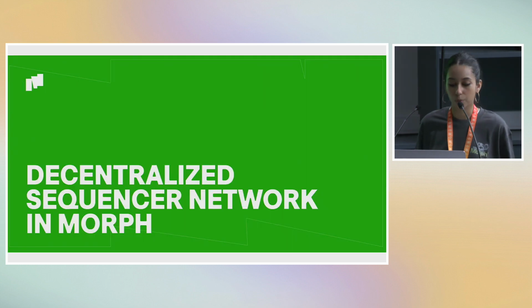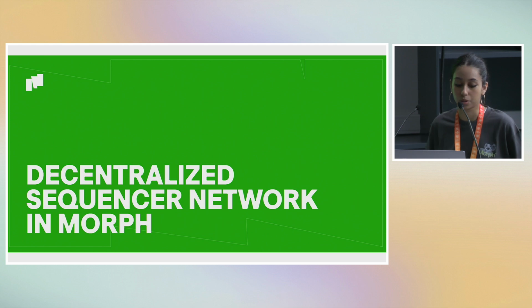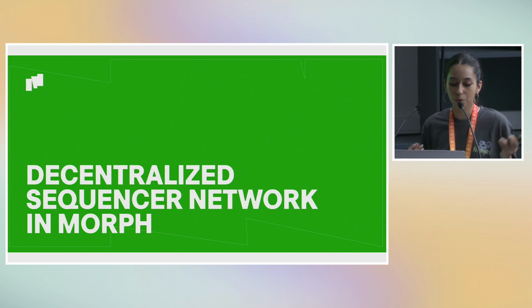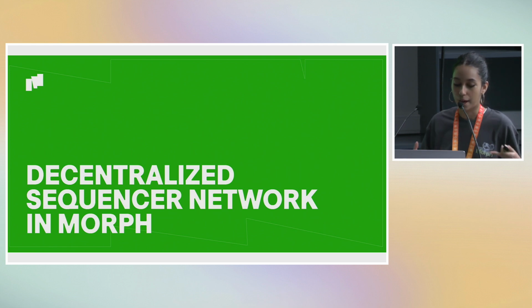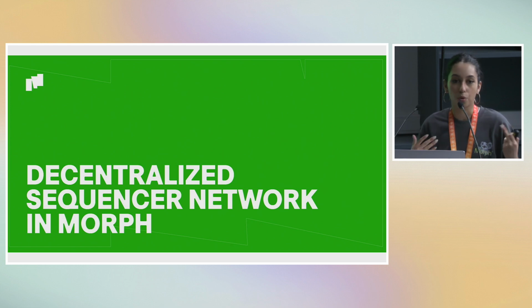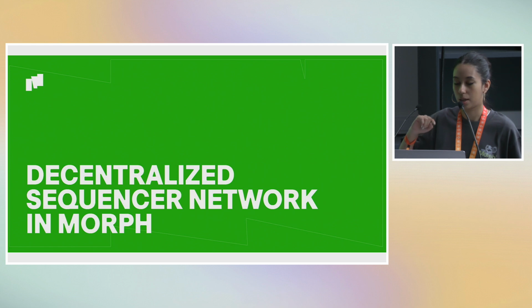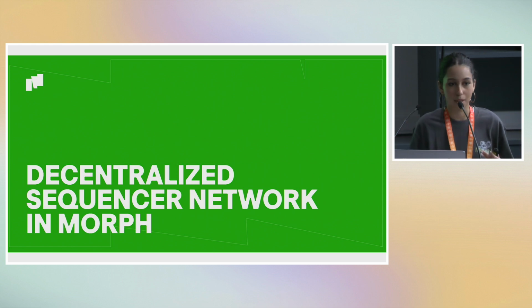Let's talk about our decentralized sequencer network. Sequencers are responsible for producing new blocks in L2s, right? Imagine that the sequencer set is a group of participants who have a special job, which is basically to produce and confirm new blocks to send all of the transactions to the main L1, which in this case is Ethereum.